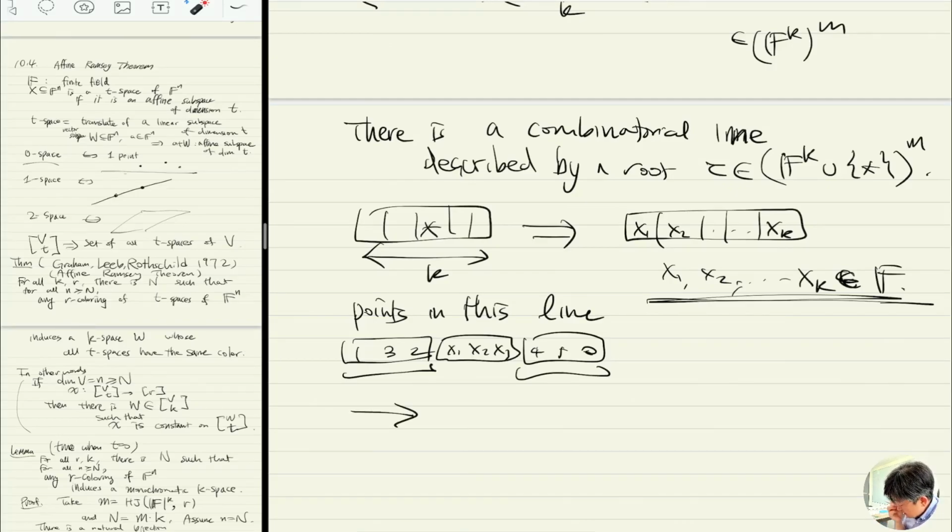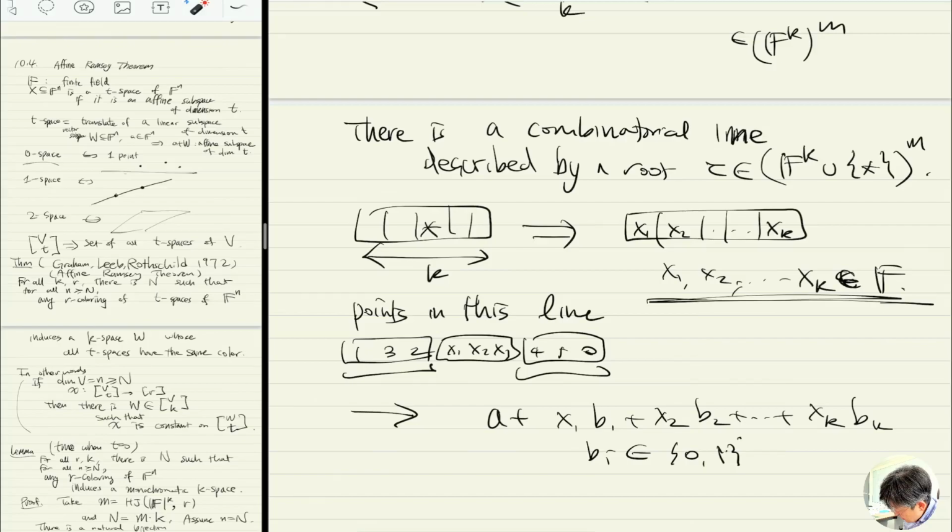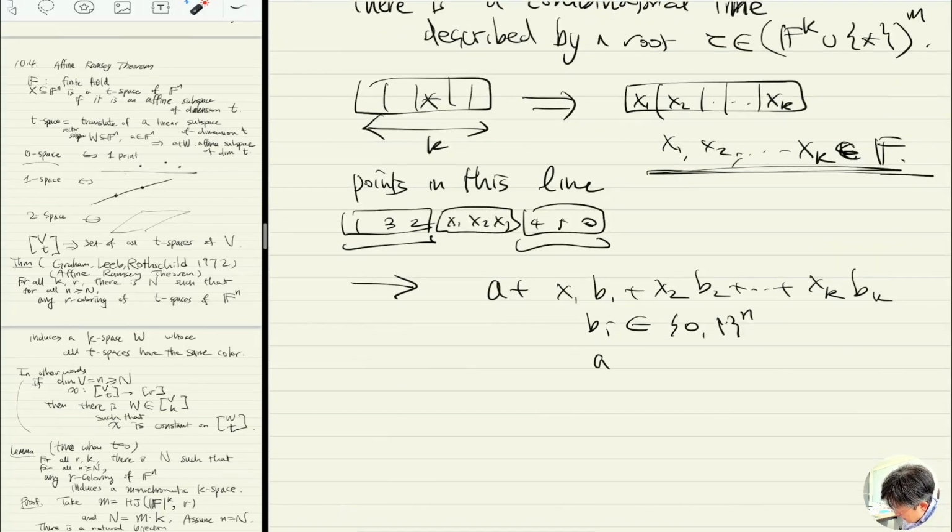So the point in this combinatorial line is like A plus x1 b1 x2 b2 xk bk, where bi's are the 0, 1 vector representing the location of xi's, and xi will be just any value here.